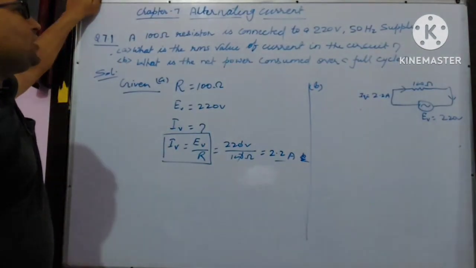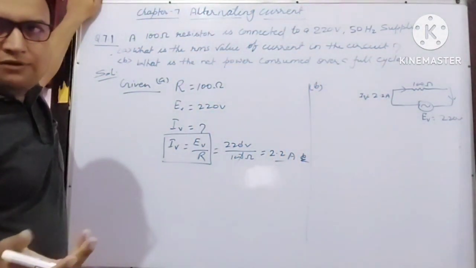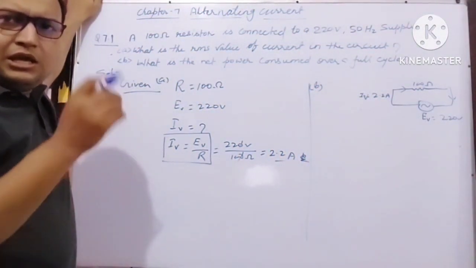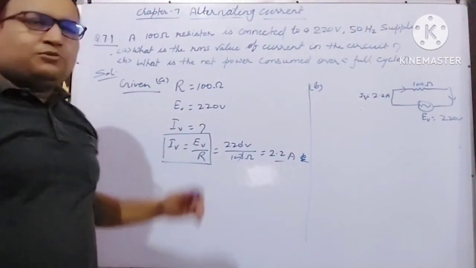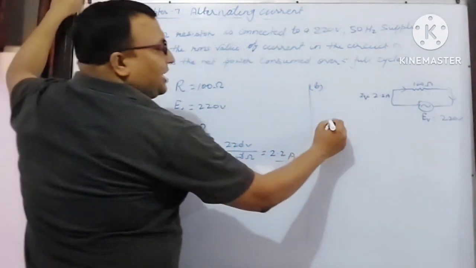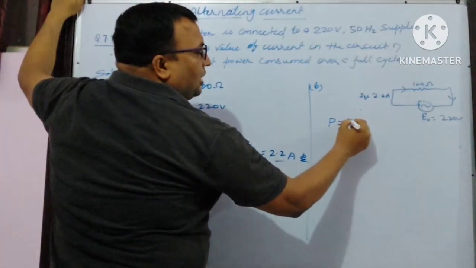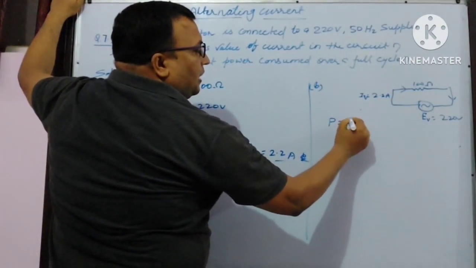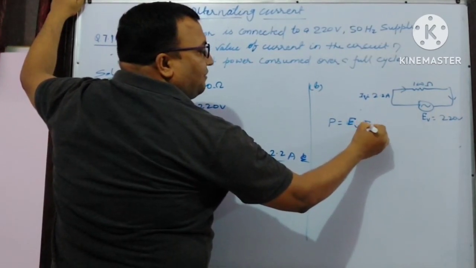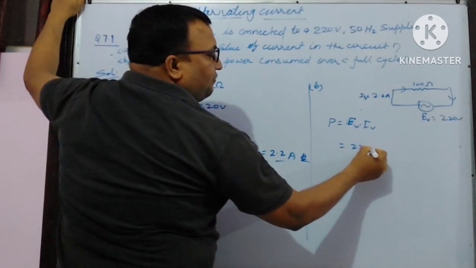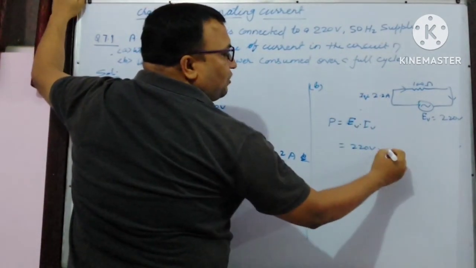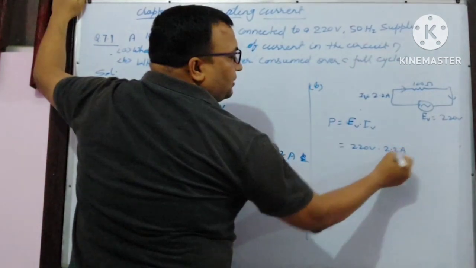Now they are asking what the power consumed is. You know the formula, a very simple one. It is a complete formula based question. The formula is P equal to EV into IV. Now put down the values: EV is 220 volt into IV which is 2.2 ampere.